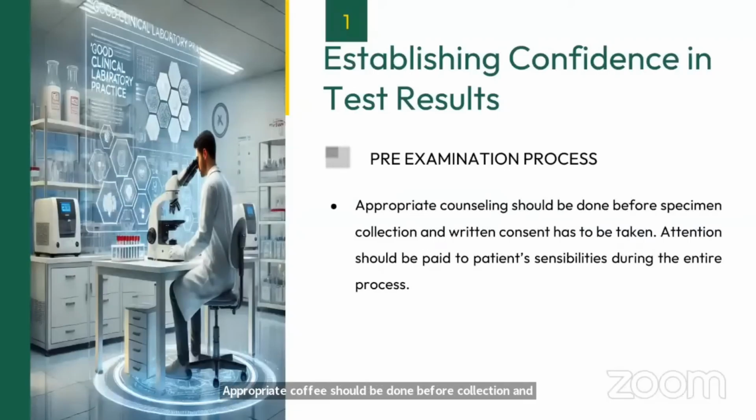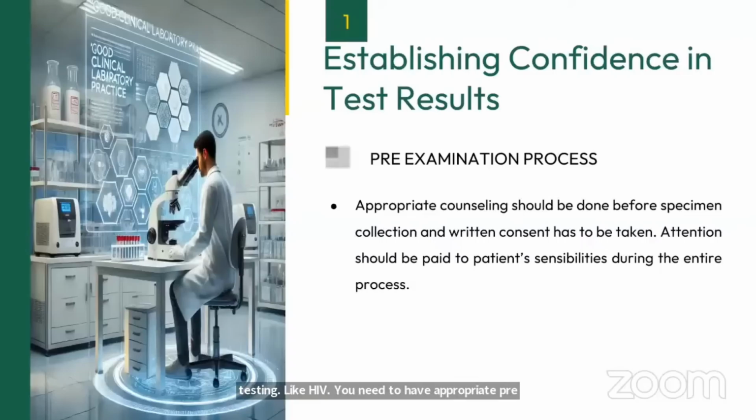Now, many tests require or mandate, as per the guidelines in the Indian scenario, that there should be appropriate pre-counseling before collection of the samples, and also appropriate post-counseling. For many tests, such as certain types of infectious disease testing like HIV, you need to have appropriate pre-counseling.